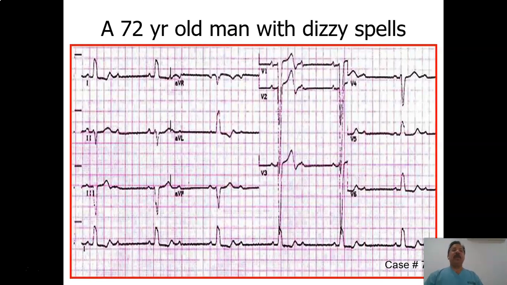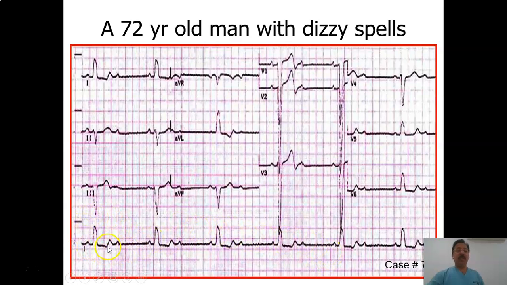Case number 7. This is the ECG of a 72-year-old man with dizzy spells. From a distance, this ECG looks grossly abnormal and it looks slow. Anyhow, let's apply our rate and rhythm on the rhythm strip.